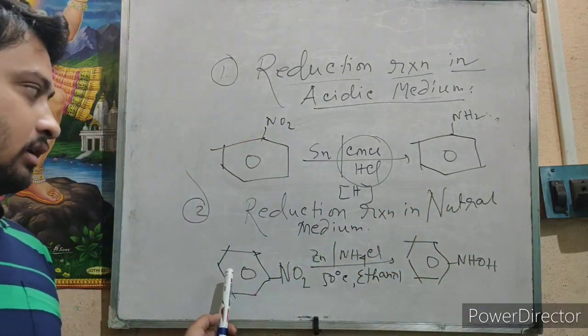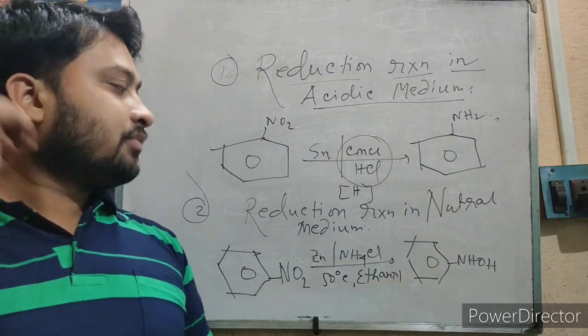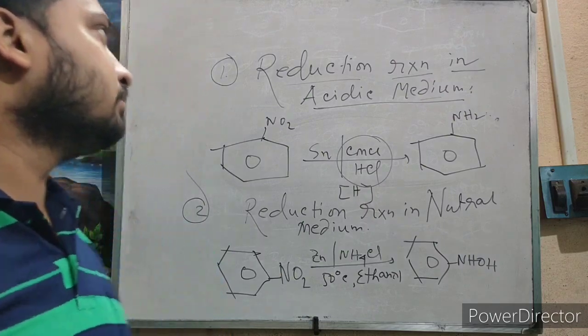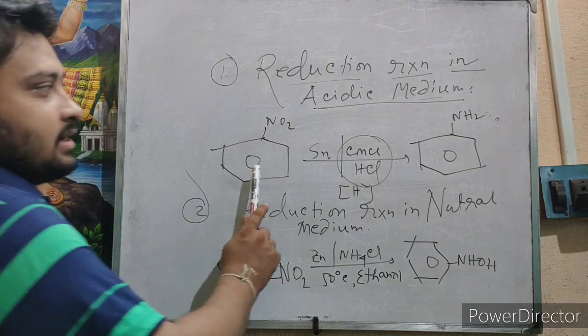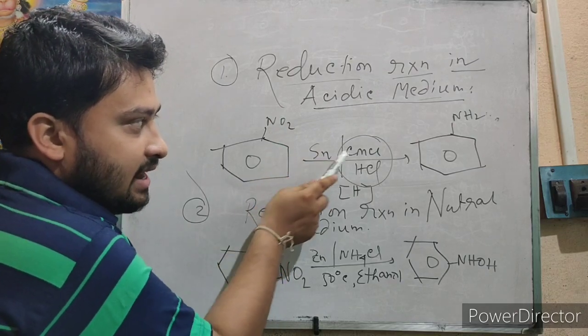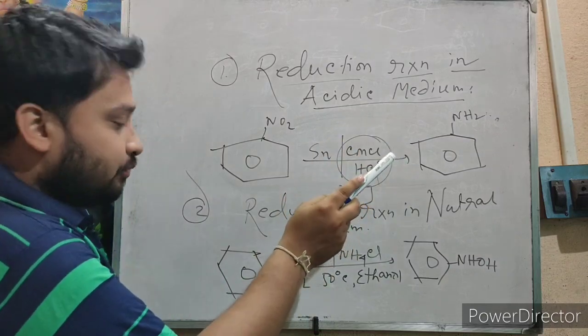And if you react in the neutral medium, you get NHOH for the reduction of nitrobenzene. First, if you have nitrobenzene and you use Sn and concentrated HCl, you get NH2.